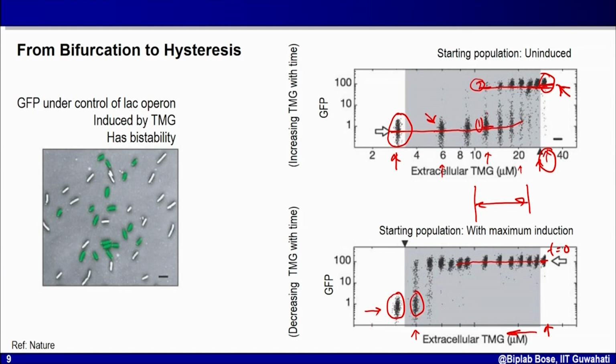So you can easily see, when I am increasing TMG, my path is this one. When I am decreasing TMG, my path is this one. So these two paths are distinctly different. That means this system has hysteresis.